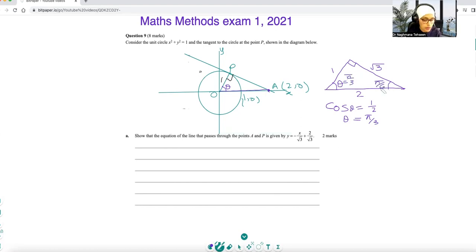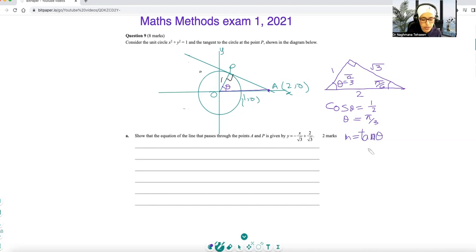This is our 30-60 triangle. Now the other thing we need to recognize is that the line passing through A and P is a tangent line, and the tangent line makes an angle with the positive x-axis, where we have the result m equals tan theta.